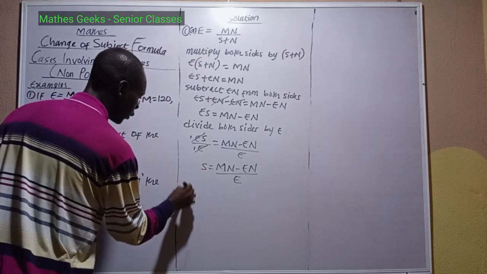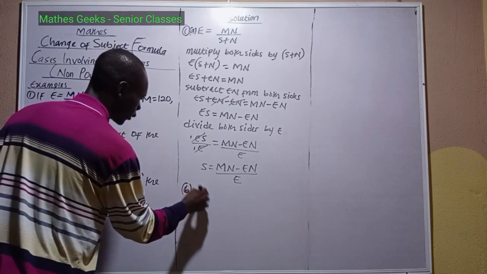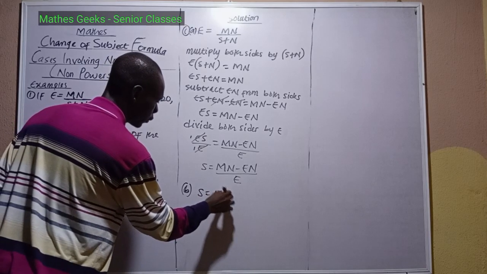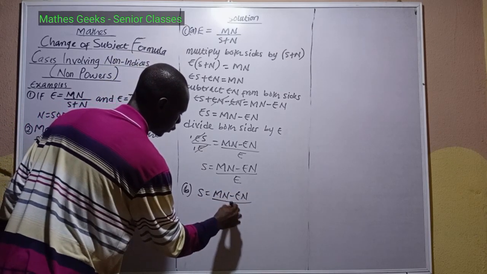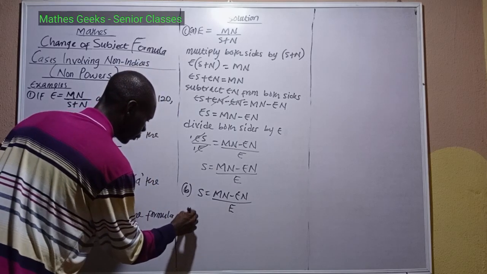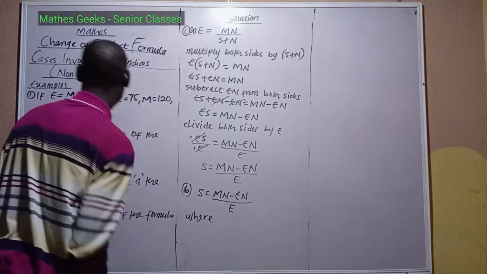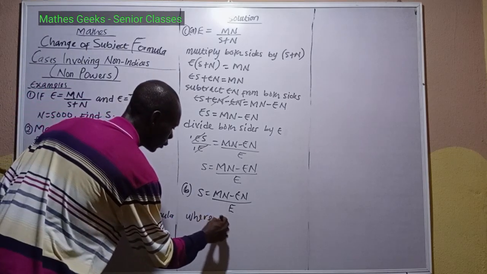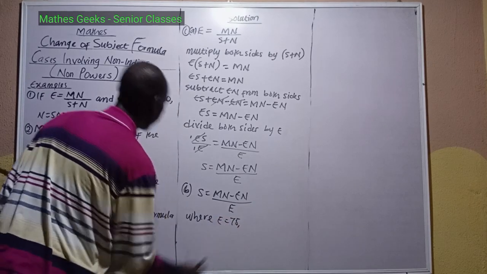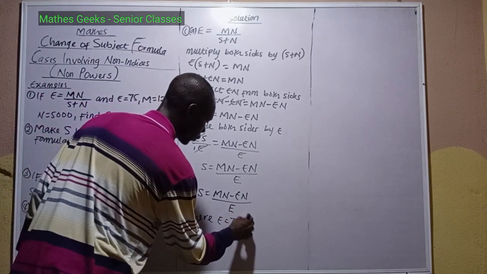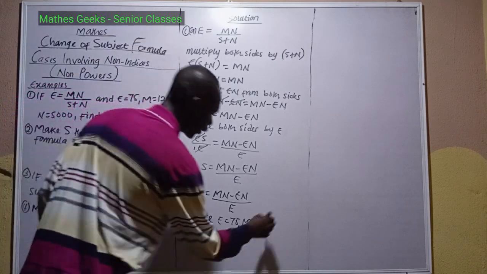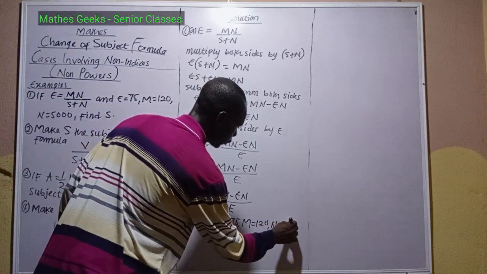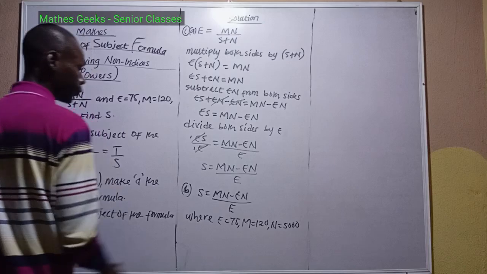So the B part is we want to find the value of S. S is equal to N minus E N over E, where E is 75, N equals 120, N is 5,000.